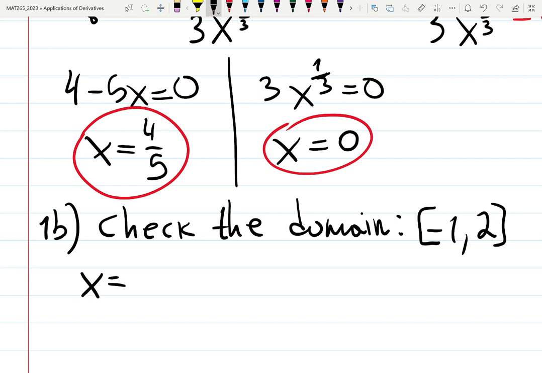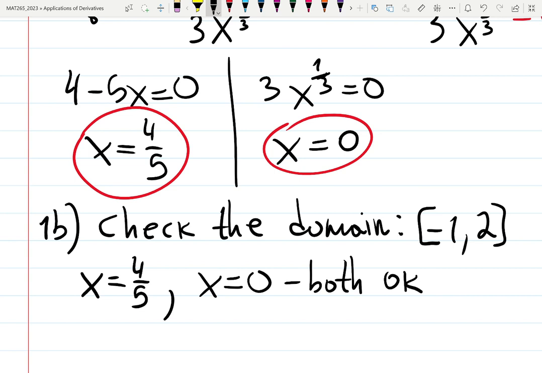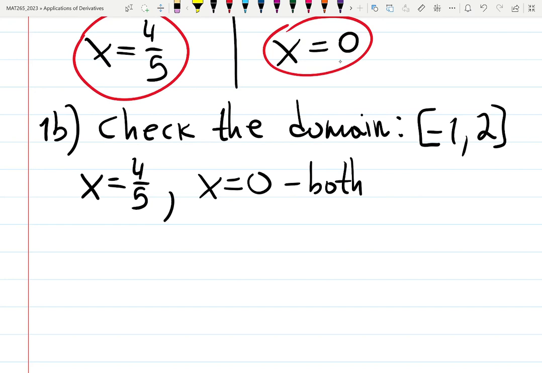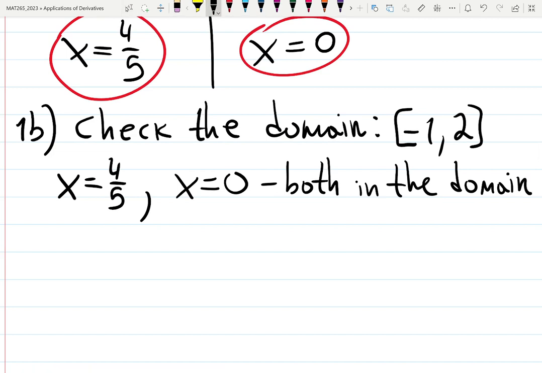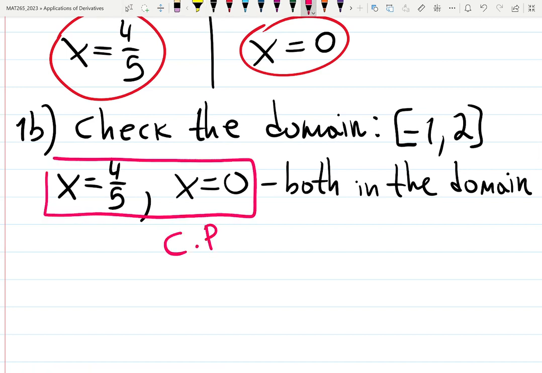So x equals 4/5, this point is correct. x equals 0 was also included. Both are okay. They are both in the domain, right? So we can call them now critical points, critical values, critical numbers. Actually, it's supposed to be called critical numbers.